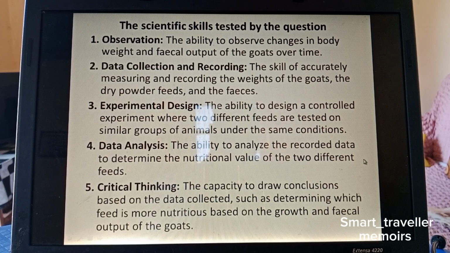Critical thinking, the capacity to draw conclusions based on the data collected, such as determining which feed is more nutritious based on the growth and the fecal output of the goats.